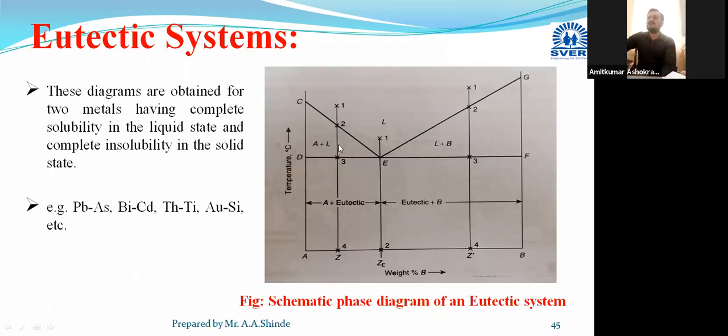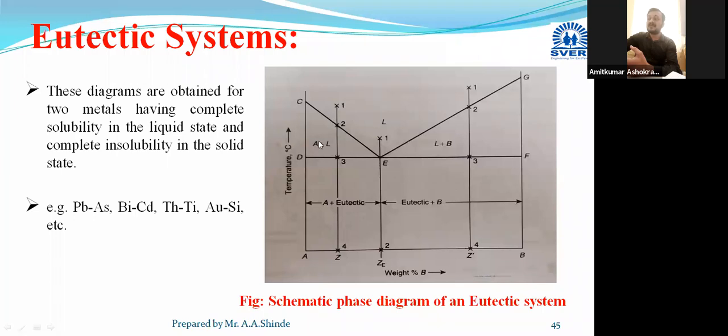Then the next stage, 2 to 3. In region 2 to 3, when the temperature reaches point 2, the solidification process starts. When the temperature falls below point 2, element A starts separating out, because the melting point of element A is reached.